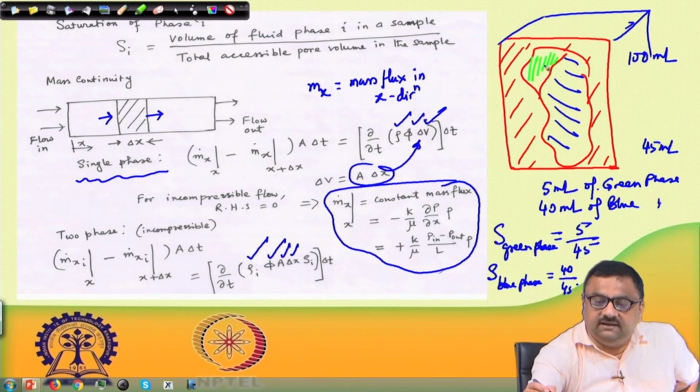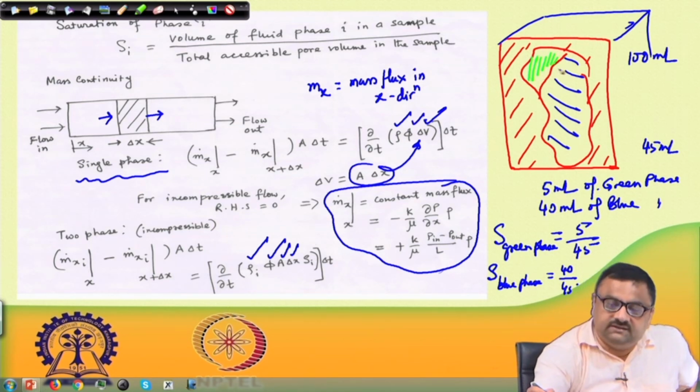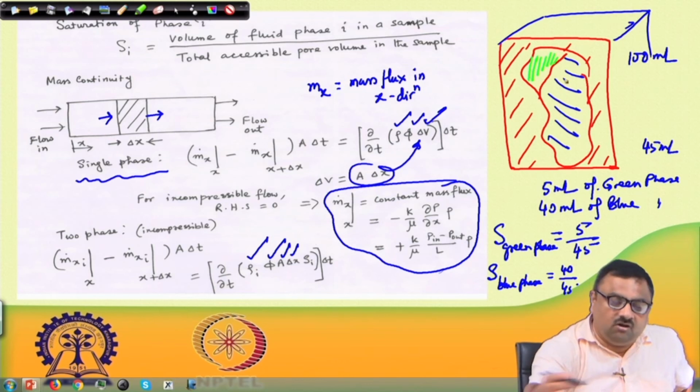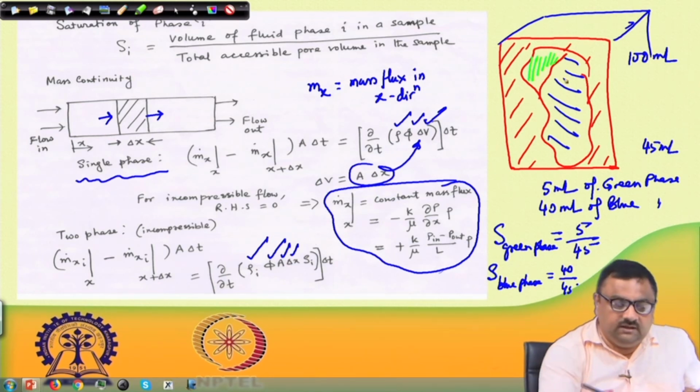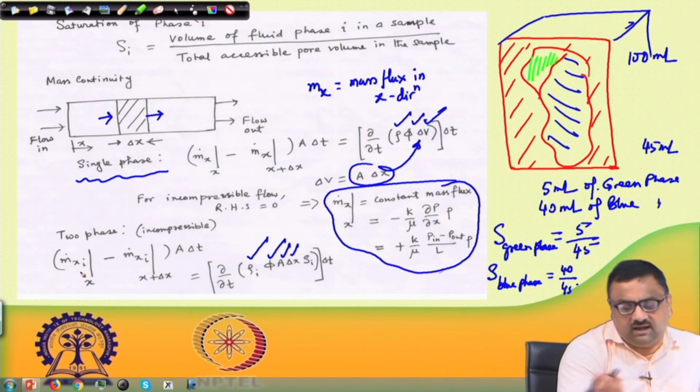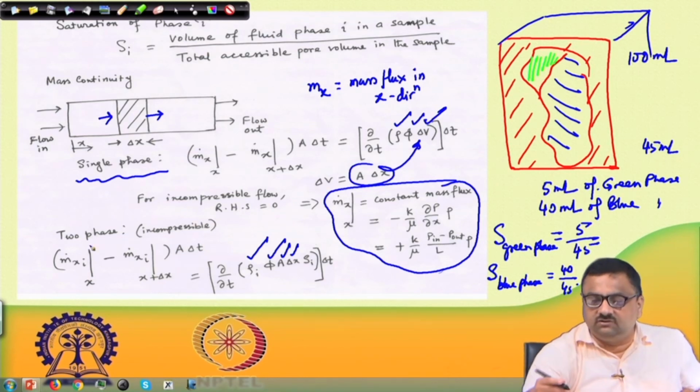When it is a single phase, the entire pore volume is occupied by that single phase. But now we have two different phases, or maybe multiple, where i is 1 to 2 if we write it as two phase.